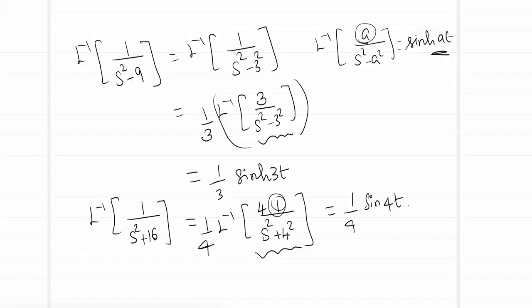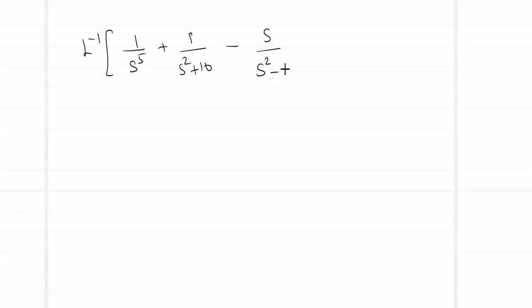When you have a series of components, like say find Laplace inverse of 1 by s to the power of 5 plus 1 divided by s squared plus 16 minus s divided by s squared minus 9, then what can we do?